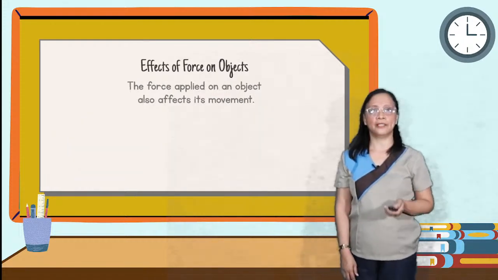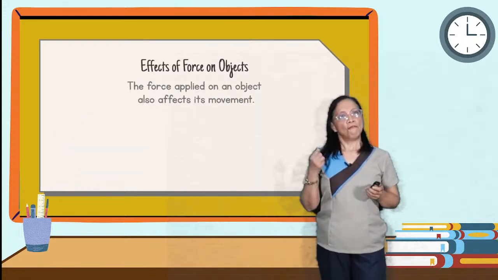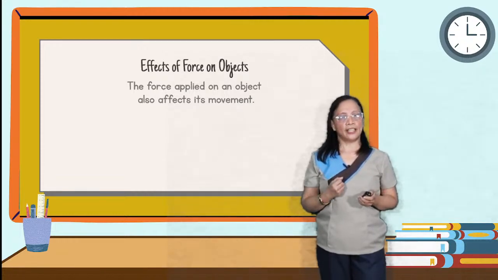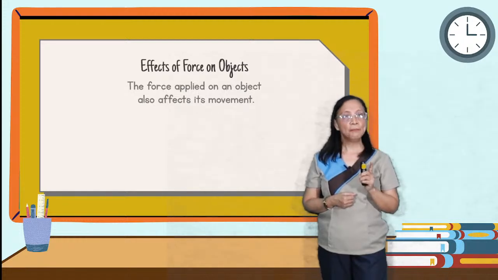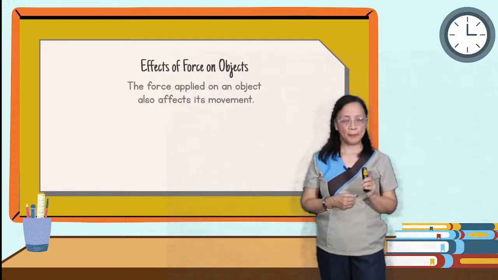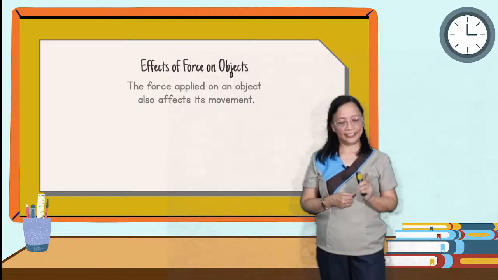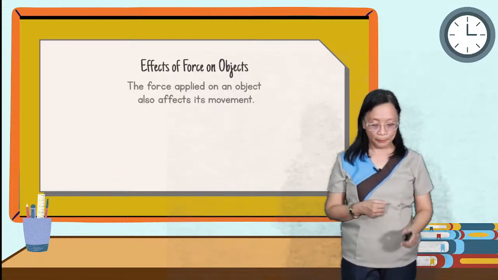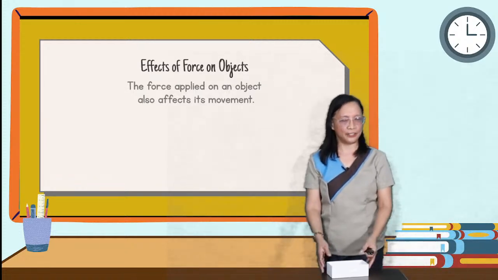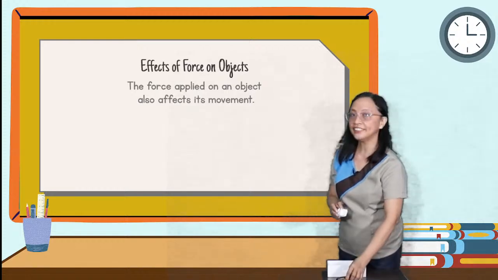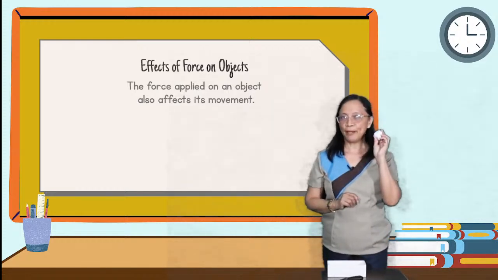The third one, force applied to an object also affects its movement. I want to underscore the word movement. Going back to the illustration a while ago, I used a crumpled paper ball.